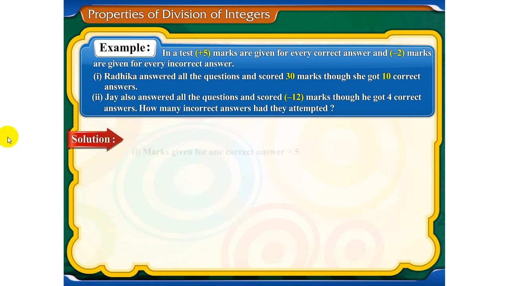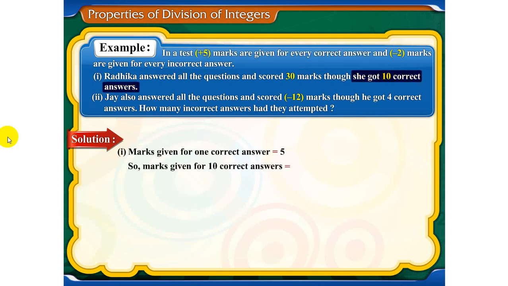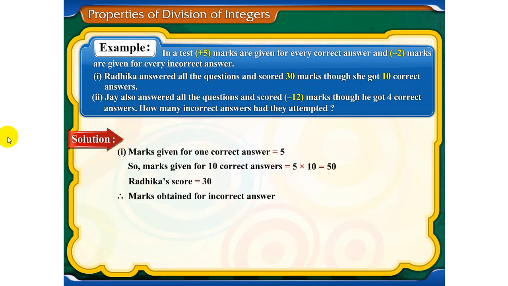The solution. 1. Marks given for 1 correct answer is equal to 5. So marks given for 10 correct answers equals 5 multiplied by 10, which is 50. Radhika's score equals 30. Marks obtained for incorrect answers equals 30 minus 50, which equals minus 20.